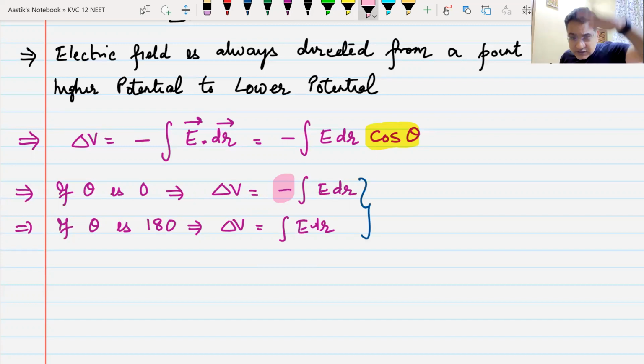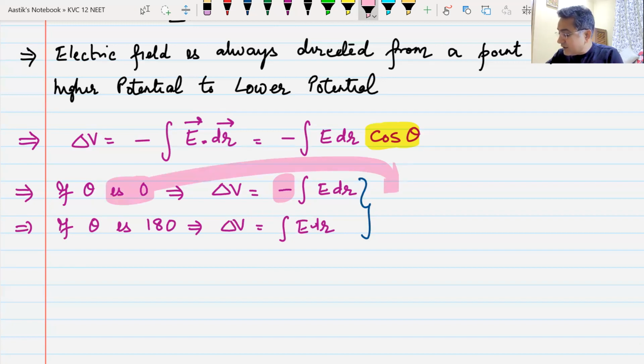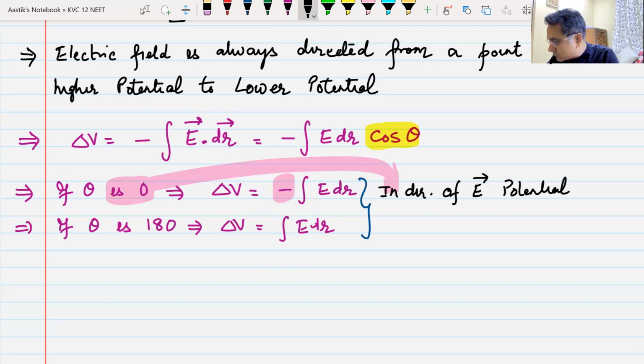That means potential drops in the direction of the electric field.